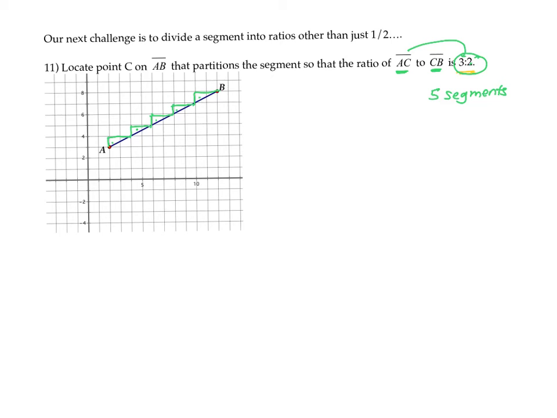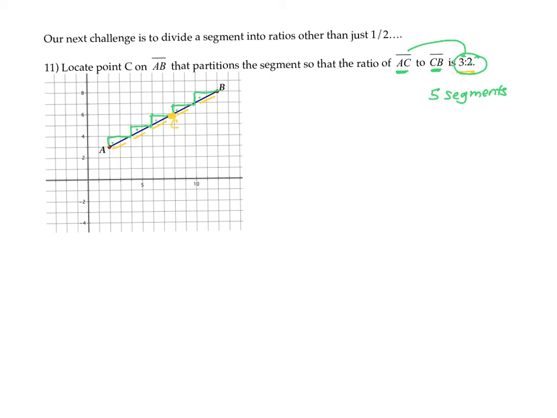Okay, so when we decide where to put point C, it has to divide this segment AB into two segments, 3 to 2. Now these 3 pieces and these 2 pieces are all equal to each other. So we want to compare 3 to 2.